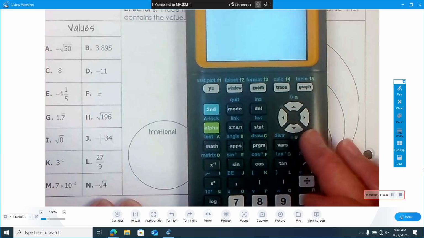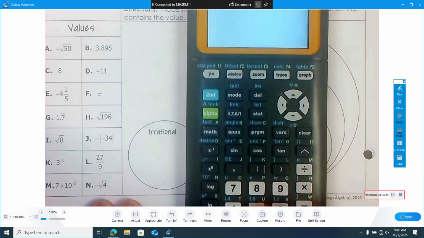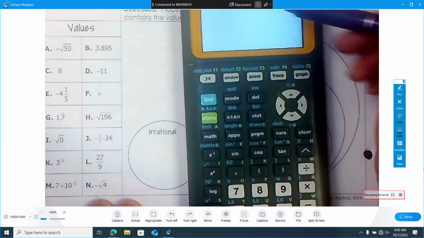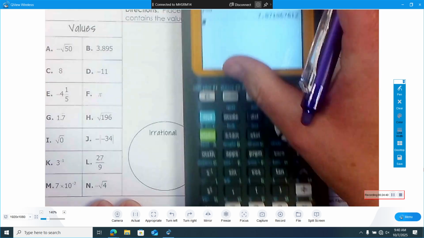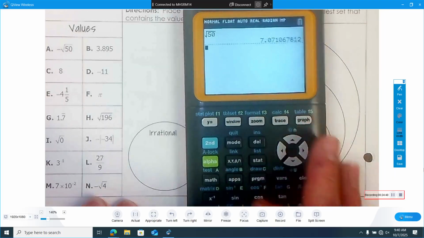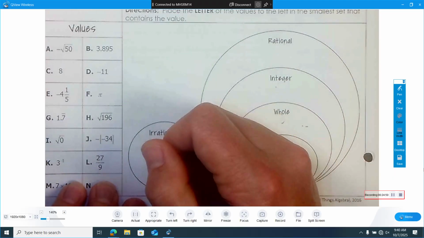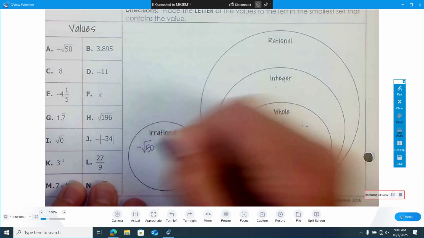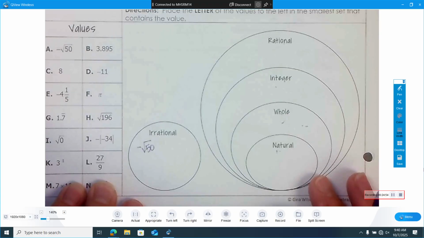Use your calculator. So square root of 50. Look at that decimal. Is it totally a crazy decimal, or is it kind of a pretty decimal? Crazy, right? So crazy means irrational.